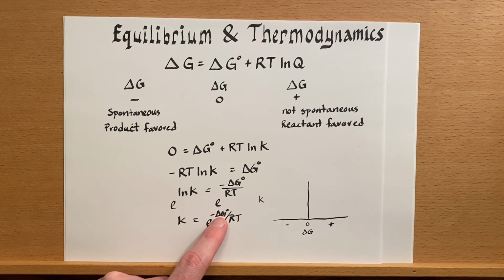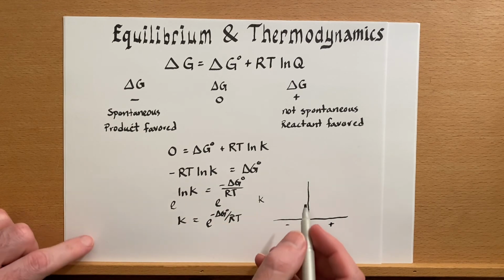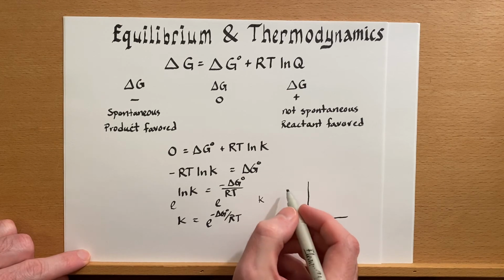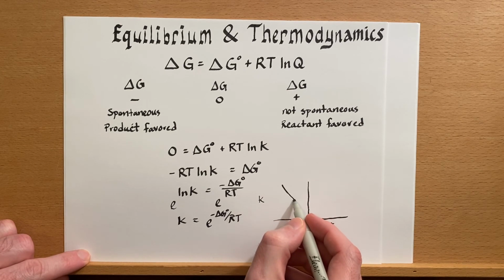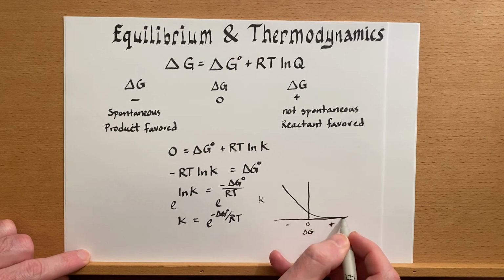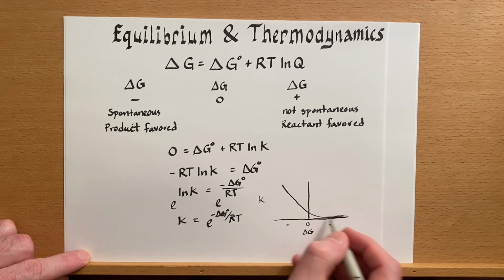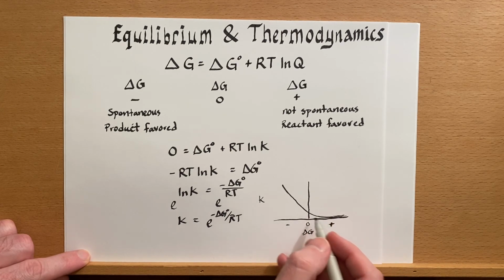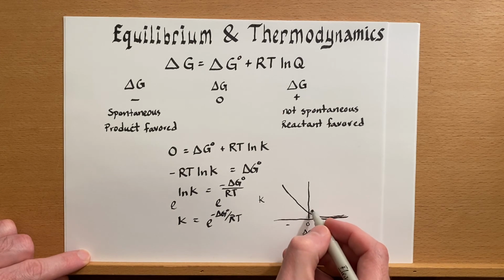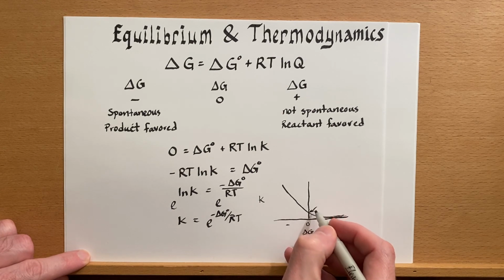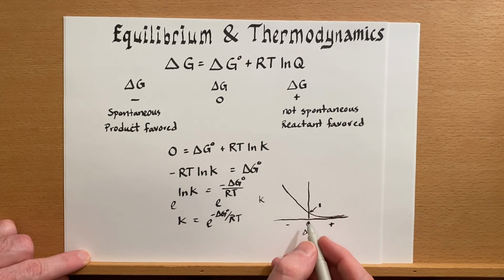If we have a negative number inside of delta G, that makes this exponential positive, and a positive exponential will be a larger number. So we'll start off over here at kind of a higher value, and if I can draw an exponential curve here, something like this. Now, when it crosses through 0, this value for K is 1.